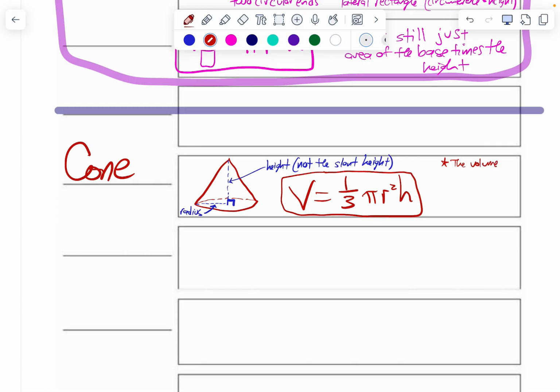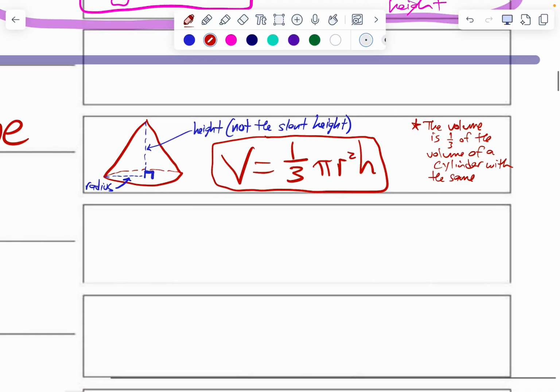So the volume is 1/3 of the volume of a cylinder with the same, this is an important part, let me zoom in on that, with the same height and radius.